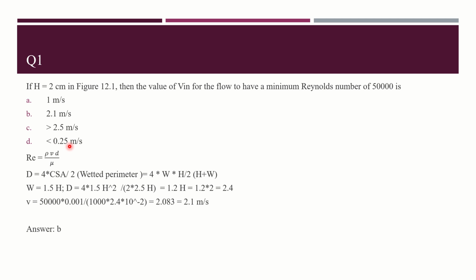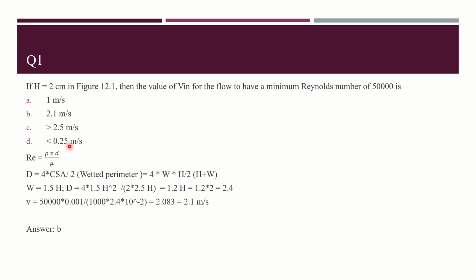We all know that the flow Reynolds number is rho V d by mu, that is inertial force by viscous force. Since there is a rectangular duct, we need to use the hydraulic diameter, so we calculate the hydraulic diameter.